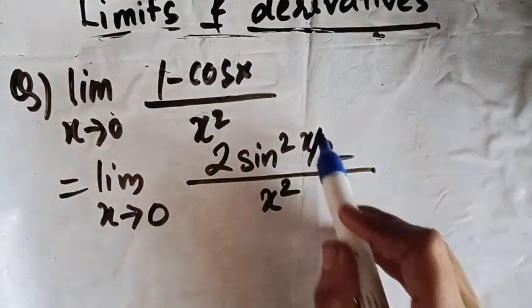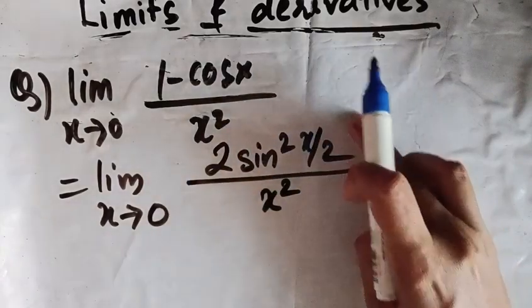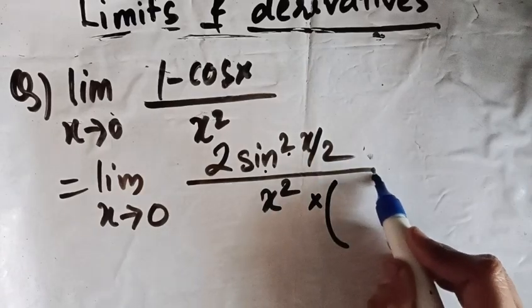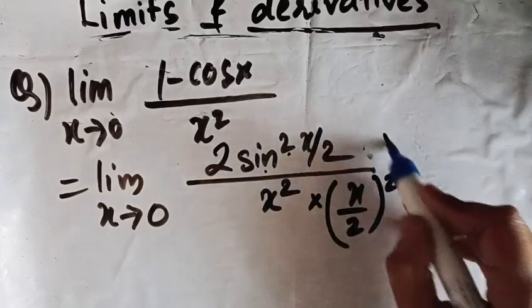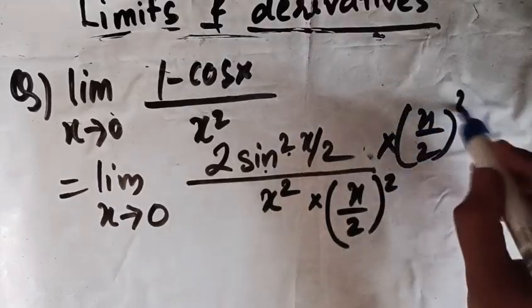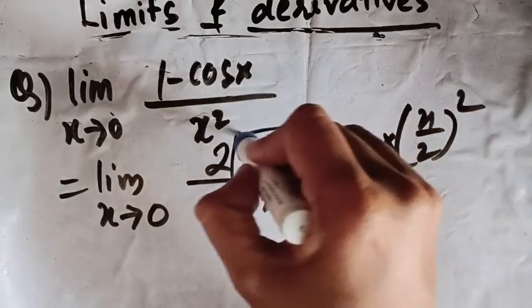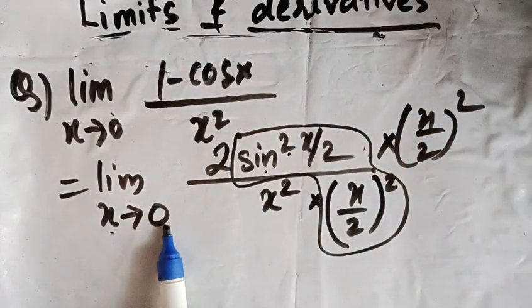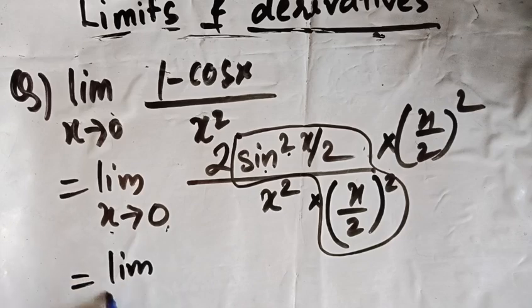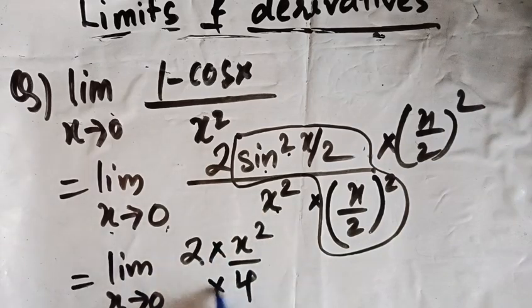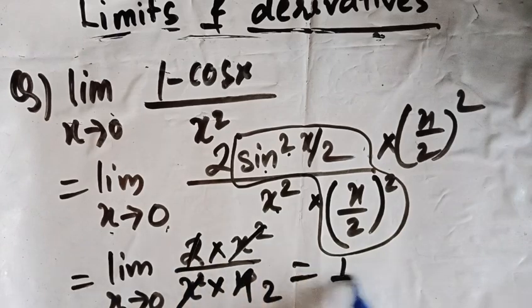Here the angle is x by 2 and sine square is there, so we have to multiply and divide by x by 2 square. So this term becomes 1 as x tends to 0. Now I'll write here 2 into x square by 4 upon x square. So the final answer is half.